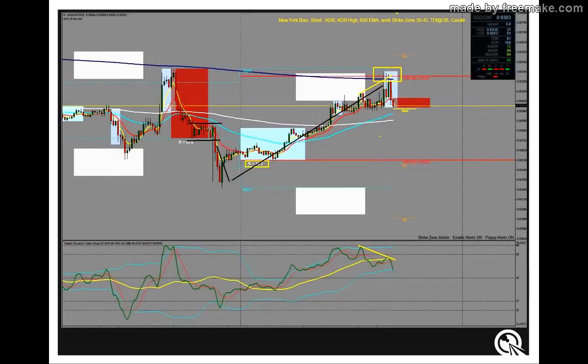It doesn't happen in the same color box or at the same EMA. However, the structure, the principle of the play does not change. It happens at some point in time in these pairs. It's learning to recognize the different components and their different elements that's going to allow you to master the market maker's playbook.